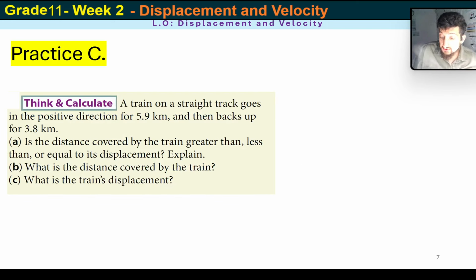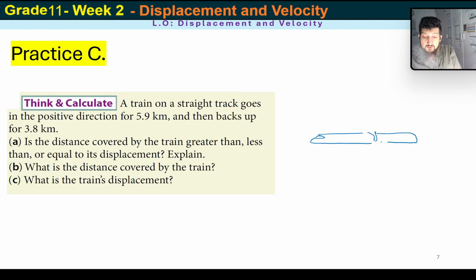A train on a straight track goes in the positive direction for 5.9 kilometers. So here's the train, and I'm going to draw a couple of carriages. And it goes in the positive direction.